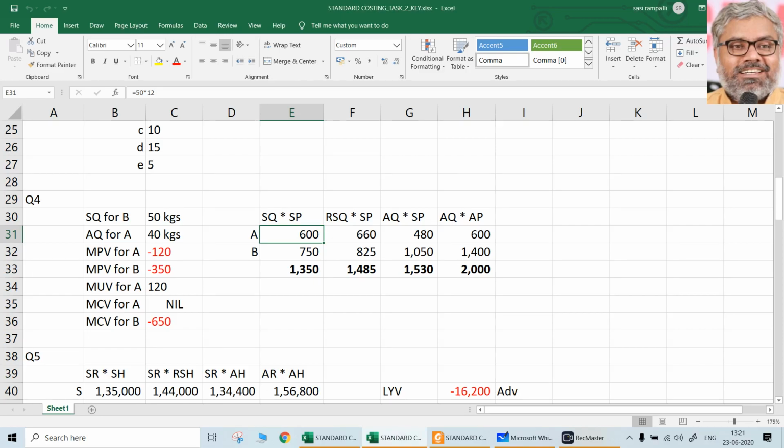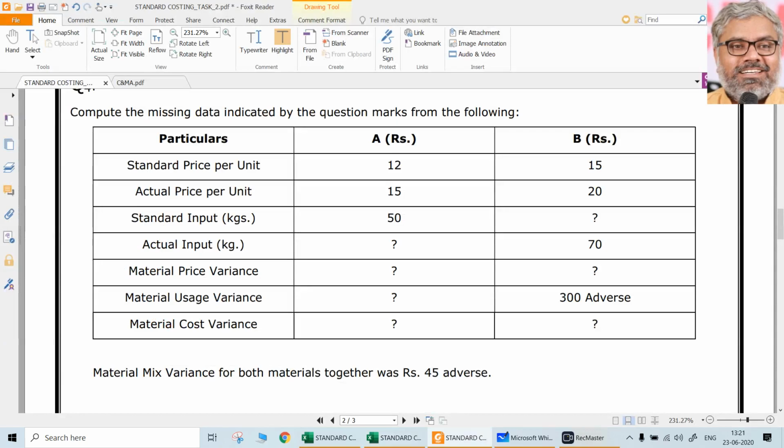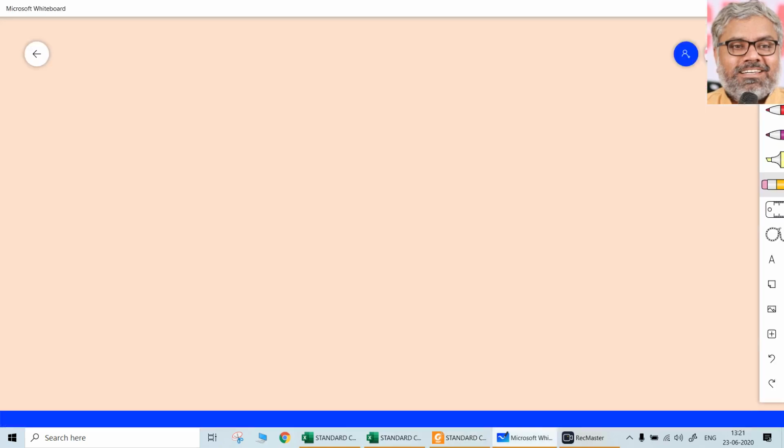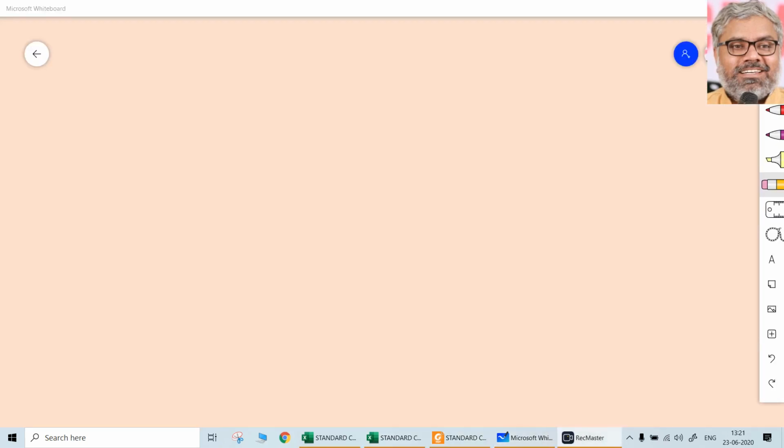300 adverse. So when there is usage variance, what is the formula of usage variance? It is SQSP minus AQSP. In other words, standard price into SQ minus AQ. That is usage variance, right? So standard price multiplied with SQ minus AQ.